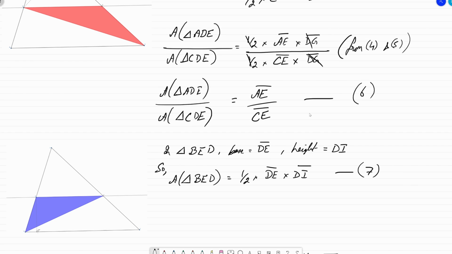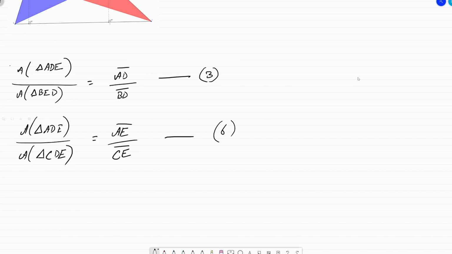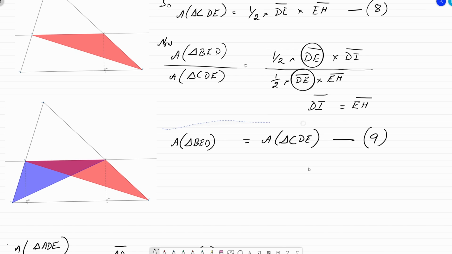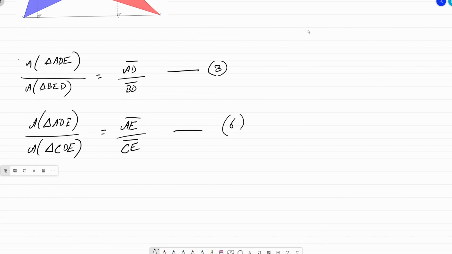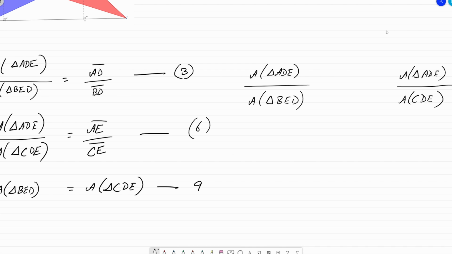Here it is. This is the second important property. And now I am going to copy the last important property. Here it is. So using 3 and 6, I can write ADE on one side and again CDE on the other side.